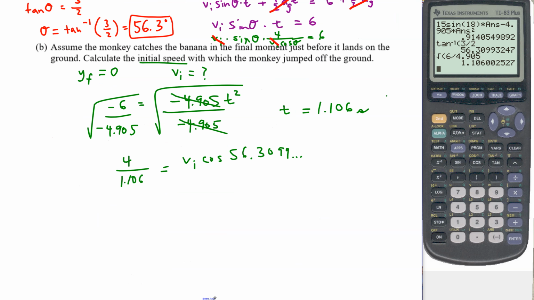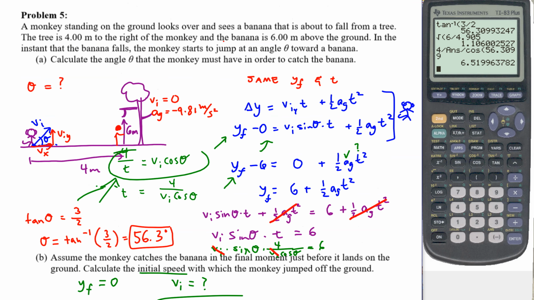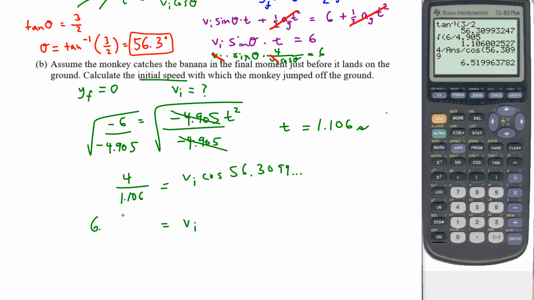Ideally, you keep all of the extra decimal places until the very end. So what do we get over here? We have 4 over 1.106, and then I also need to take the 4 and divide it by cosine of 56.3099. That's good enough. 6.52. How many sig figs? We want 3 sig figs.